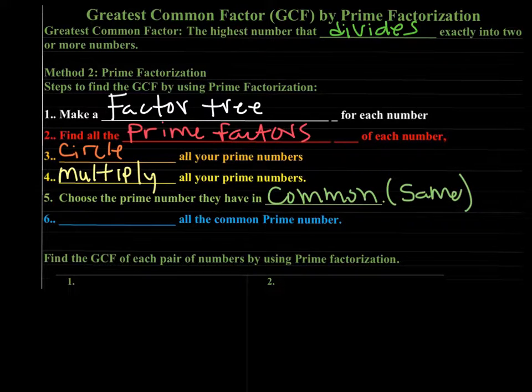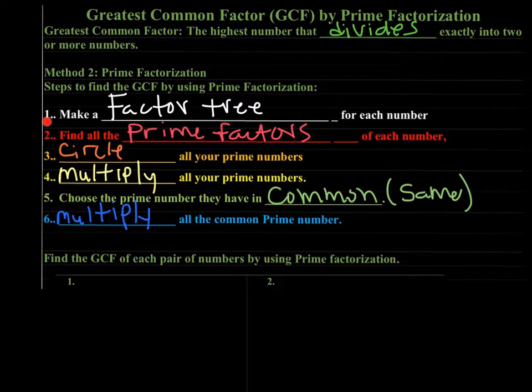After you do that, we can go to step 6. Multiply all the common prime numbers.